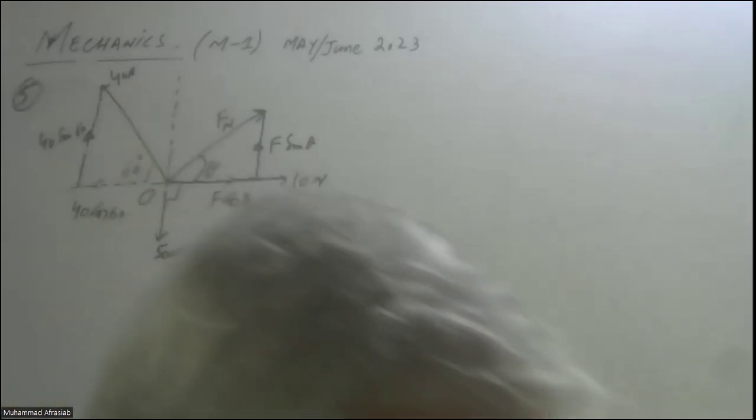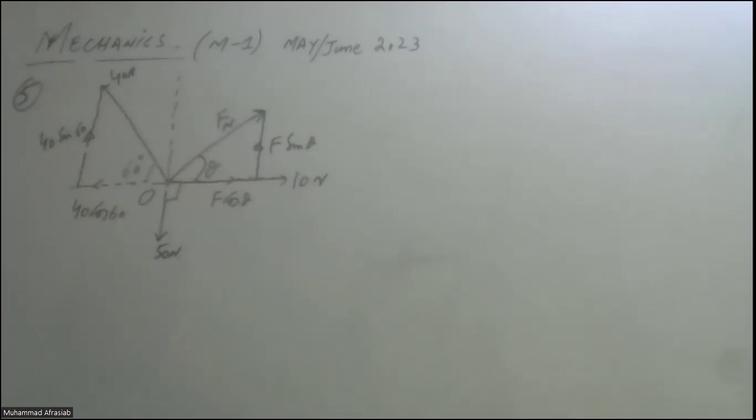Since these forces are in equilibrium, for the horizontal forces, there is F cos theta and 10, they are acting in one direction, which is being balanced by 40 cos of 60.